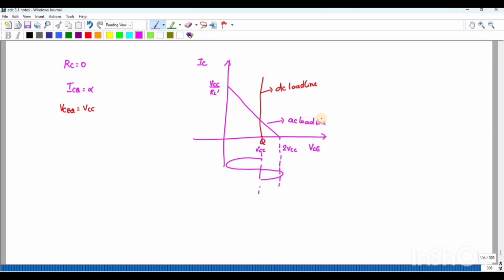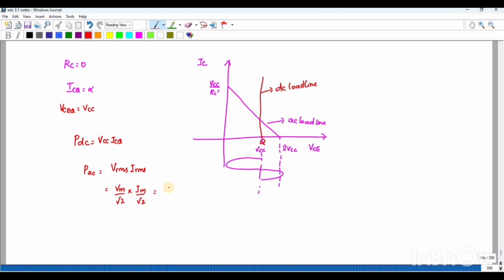So I can write PDC is equal to VCC into ICQ, and PAC is equal to VRMS into IRMS. So this is nothing but VM by root 2 into IM by root 2, that is VM IM divided by 2.